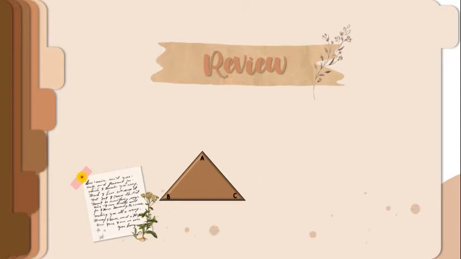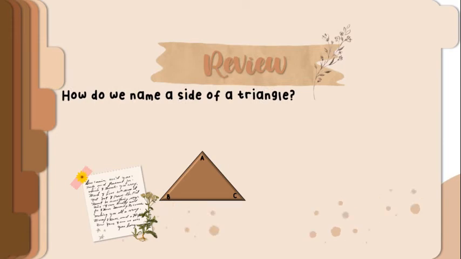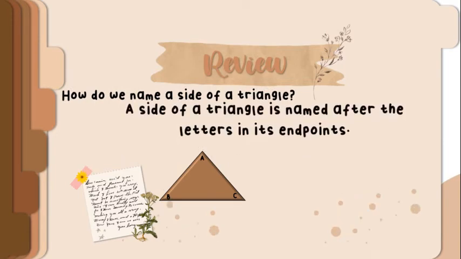The fifth question is, how do we name a side of a triangle? A side of a triangle is named after the letters in its endpoints.